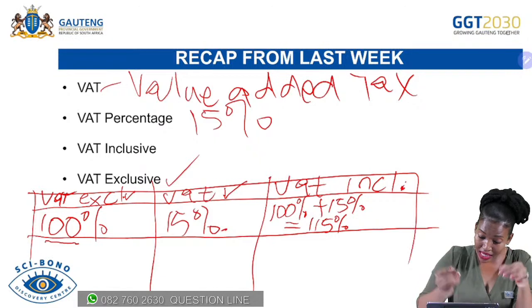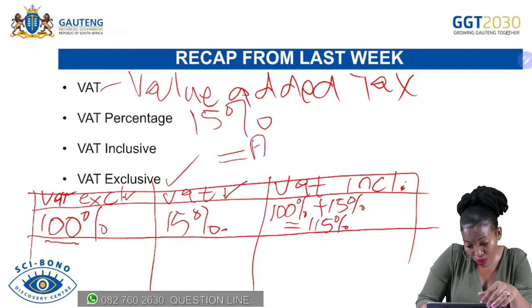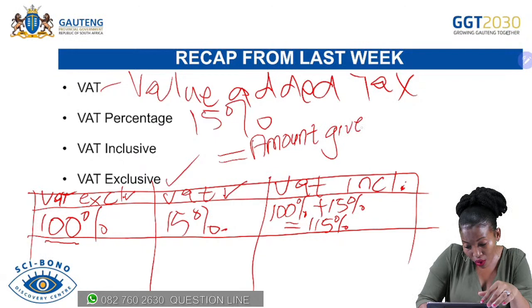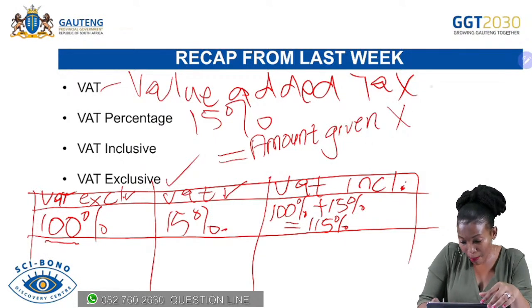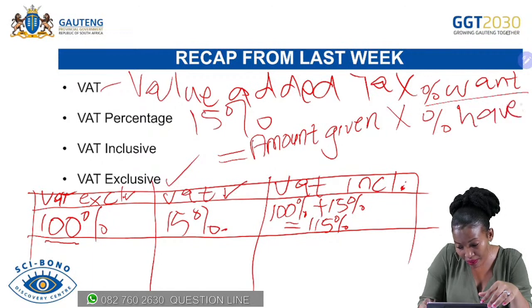Just to remind ourselves again, we said that the VAT formula is equal to the amount you have, the amount given, you multiply by the percentage that you want, over the percentage that you have.